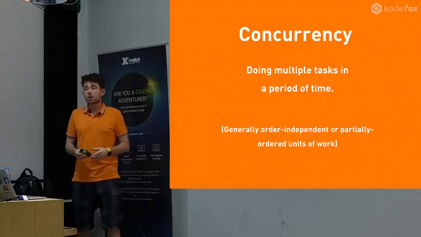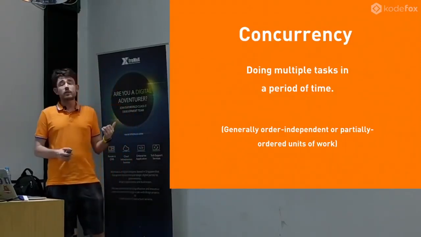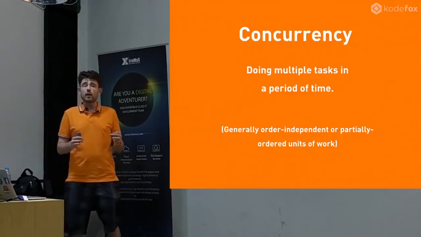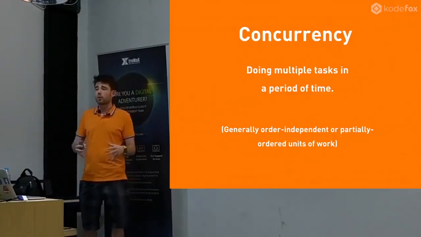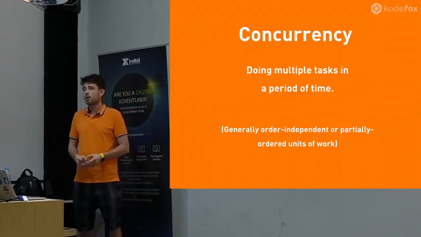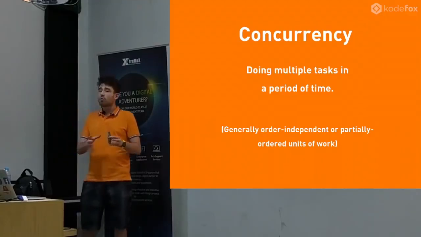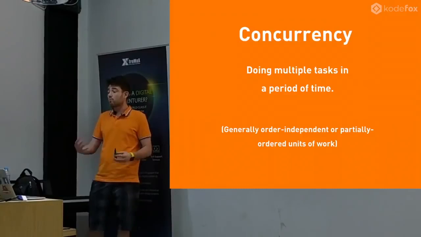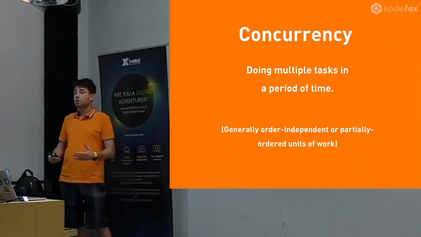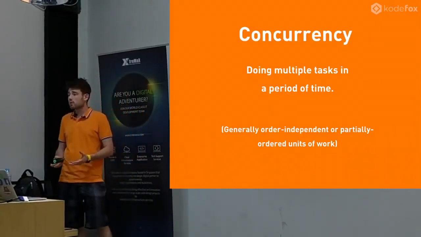So let's talk about what concurrency is. Concurrency is doing multiple tasks in a period of time, right? Typically one core can only do one thing at once, as can other pieces of hardware, but over a stretch of time we want to do multiple things. A web server wants to serve multiple requests for a web page.